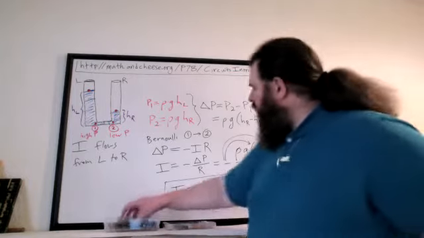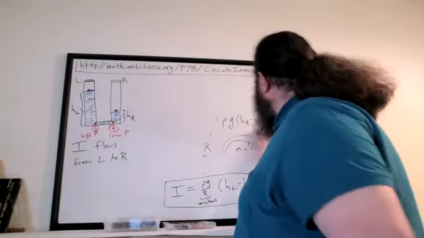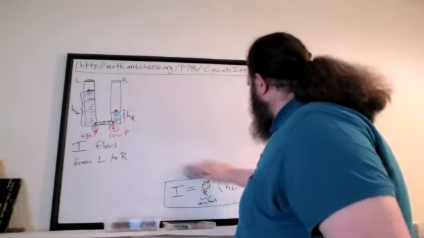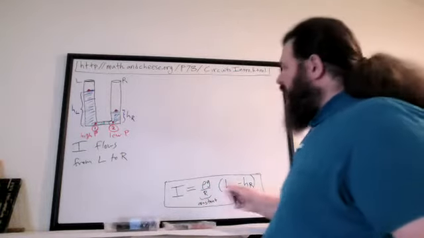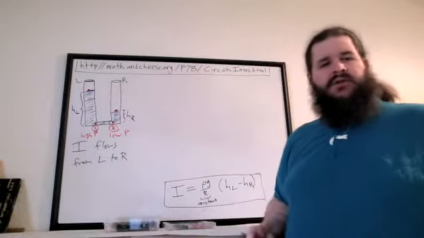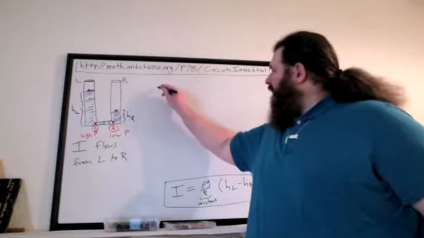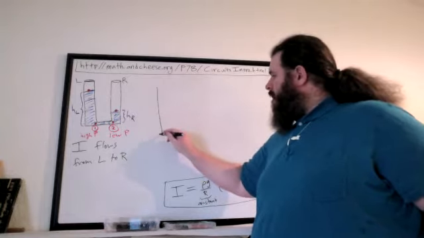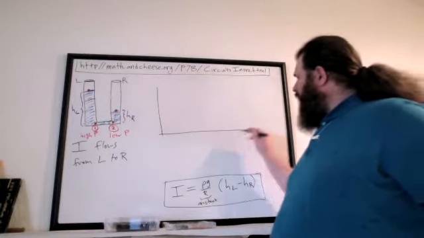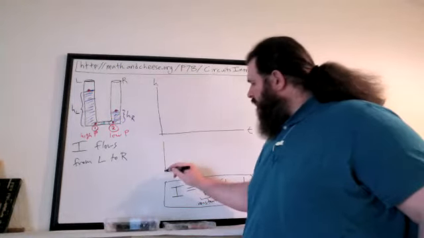All right, then let's take a quick look at the graph of this. And it might be useful to make two graphs here because we're keeping track of both the height in each pipe and also the current flowing between them. So if we make a graph of height and current versus time, so time versus height and time versus current.